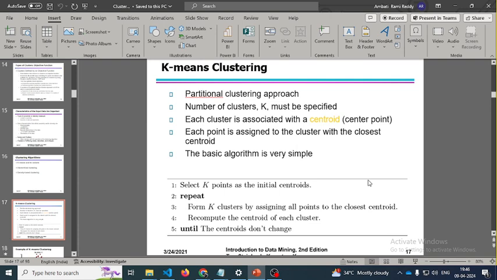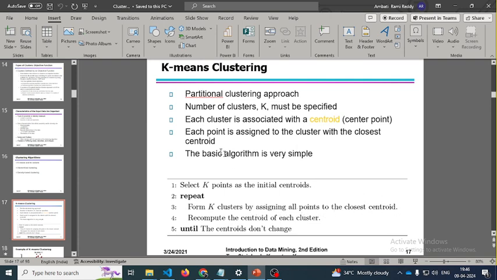The basic algorithm is very simple. First, select k points as the initial centroids. Then you assign each point to a cluster based on the closest centroid.